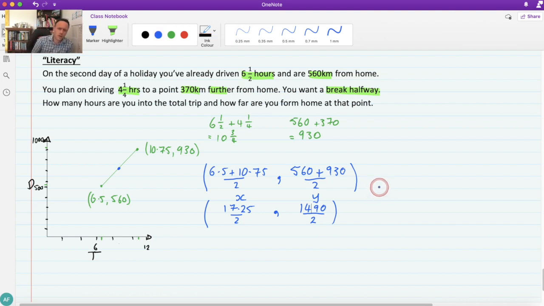So 0.75 is 37.5. So I think I've got that now. So 8.75 and 1490 divided by 2 is 745.